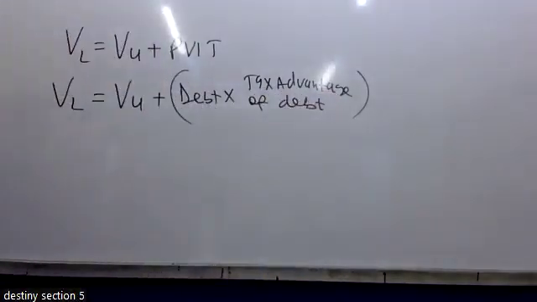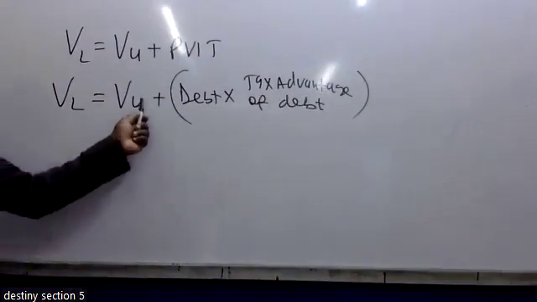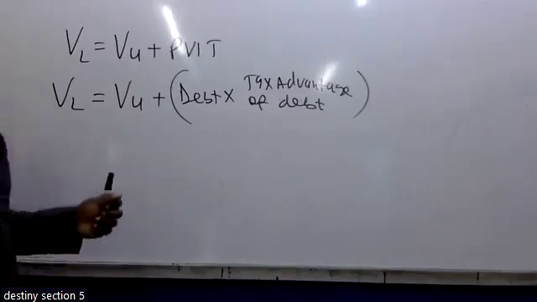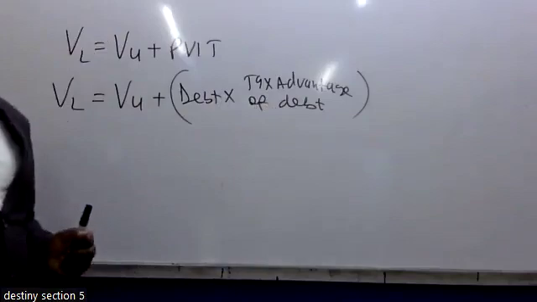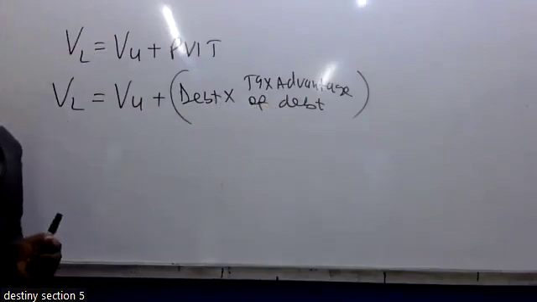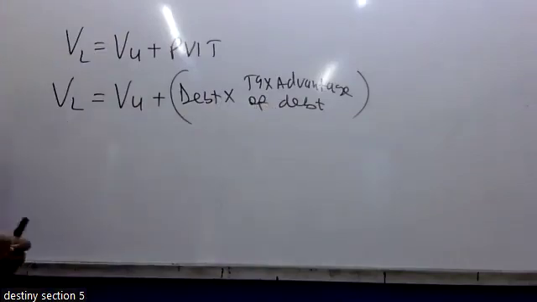So when you want to compute the value for the levered, simply get the value for unlevered, then we add in brackets the debt multiplied by the tax advantage of the debt.